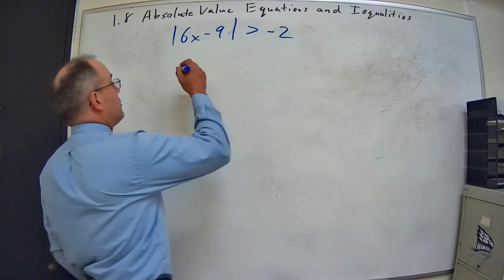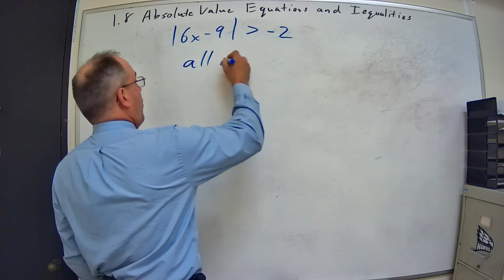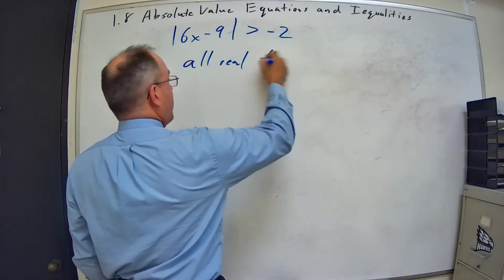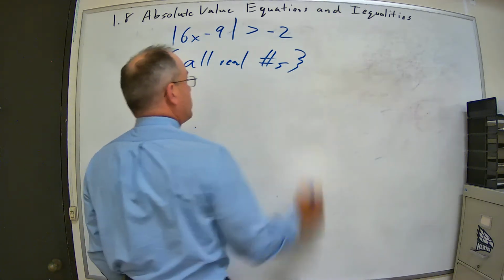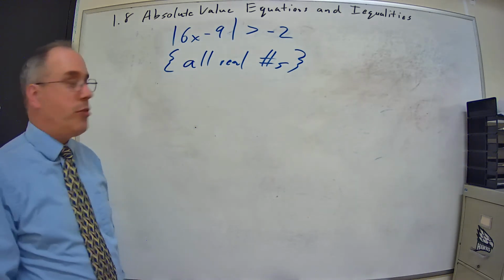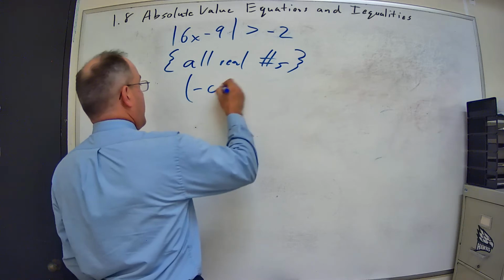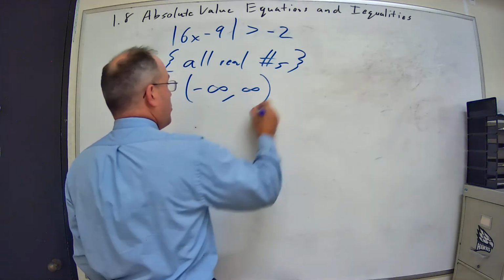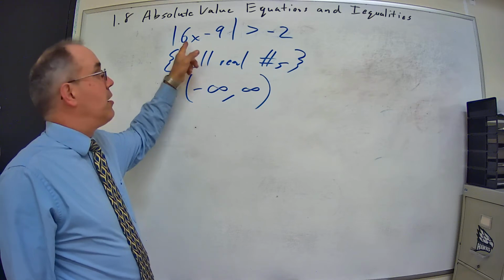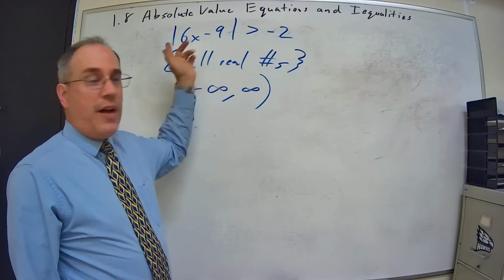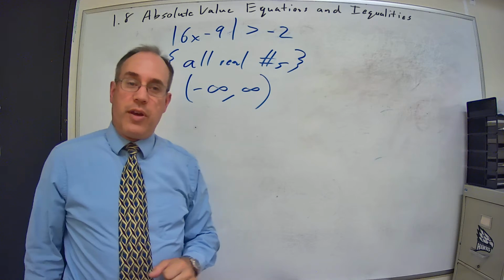Therefore, all real numbers. All real numbers. Negative infinity to infinity. It doesn't matter what value I plug in here, because I'm taking the absolute value of this, it's always going to be greater than negative 2.